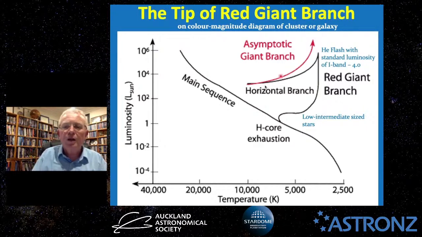So if you plot out a few thousand stars and you see them all accumulating in a group up here, you know that in your I band the absolute magnitude is about minus 4.0. Then you see what you observe in your color magnitude diagram, and once again you use your distance modulus formula for working out the distance.